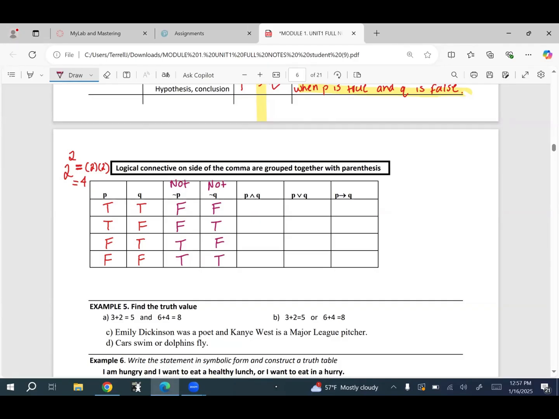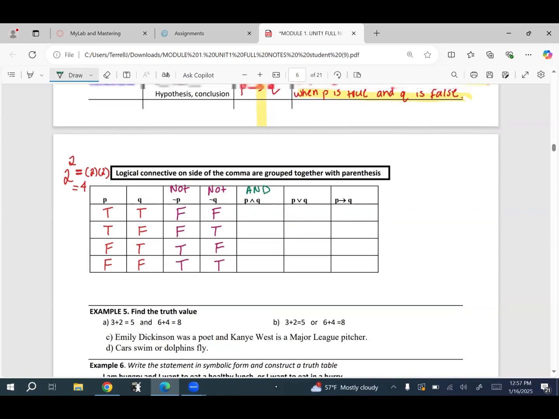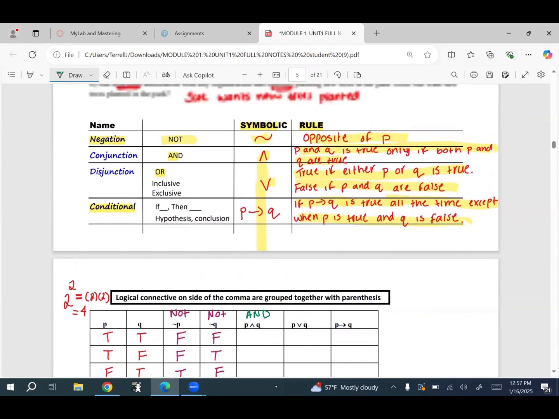Look at the next column. That upside down V is and. So yes, this is an and. So you see here, I'm dealing with two propositions, P and Q, and I'm doing P and Q. So this is where I'm going to take you back to the rules that we wrote.